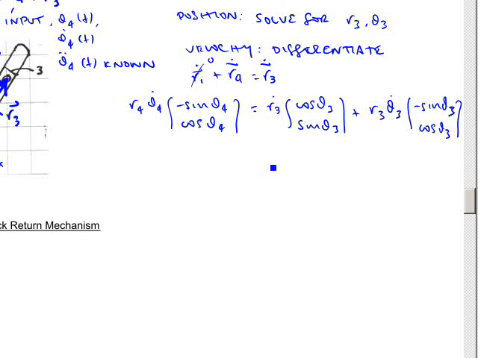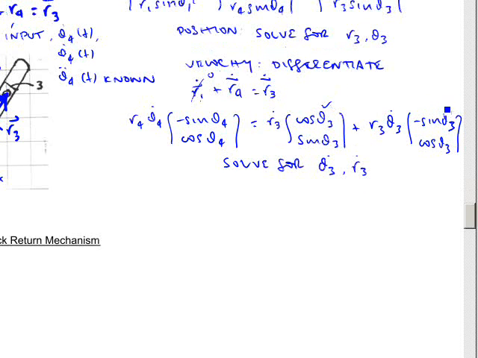And now, for velocity analysis, I need to solve for theta 3 dot and r3 dot. If I've already done position analysis, then I should know theta 3 and r3. Theta 4 is my input position. Theta 4 dot is my input velocity.